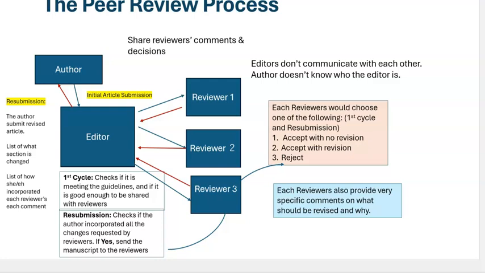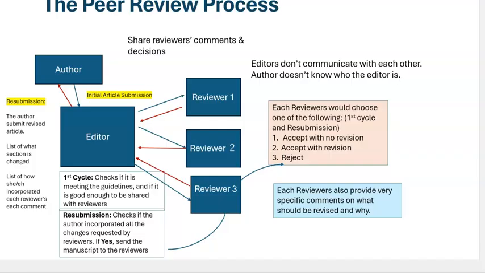It starts with the author submitting the manuscript to the editor. The editor of the journal will check the manuscript, paying attention to whether the manuscript meets the guidelines and also whether the quality of the manuscript is good enough to be shared with reviewers.